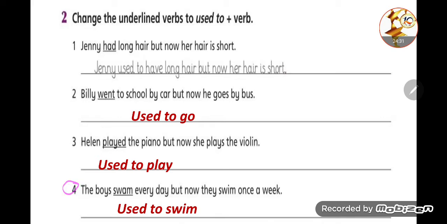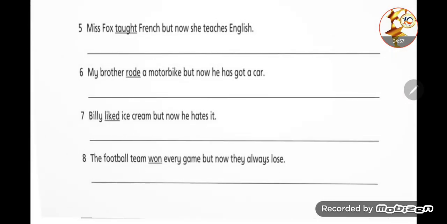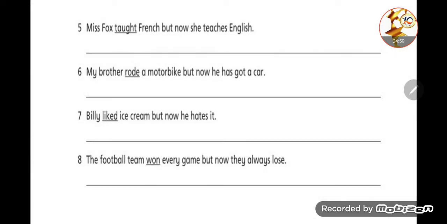The boys swam every day, but now they swim once a week. Used to swim. So see, هون شو عملنا يا مس؟ What did we do here? We just write down swim اللي هي الverb 1 من swam with the boys بتنزل مثل ما هي. The boys used to swim every day but now they swim once a week. يعني هم كانوا معتادين كل يوم يسبحوا بس هلأ مرة بالأسبوع.